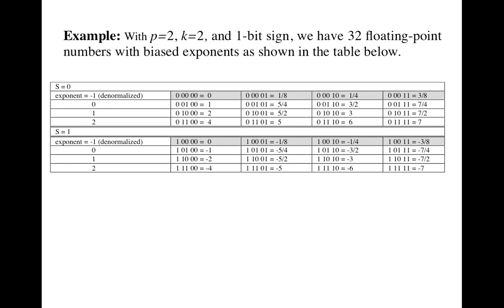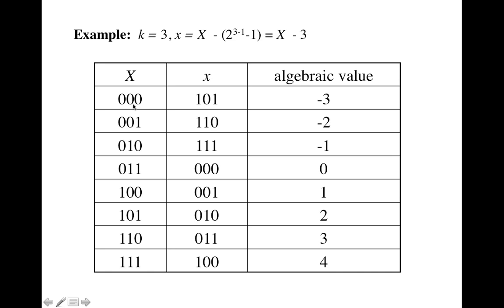And the 00 is the most negative biased exponent. Let's see, there are 4 values which we can write: 00, 01, 10, 11. So they would actually be -2, -1, 0, and +1 will be the exponents in this case.